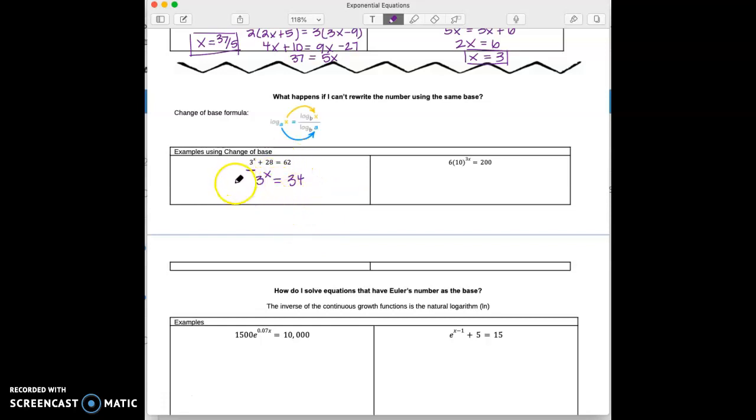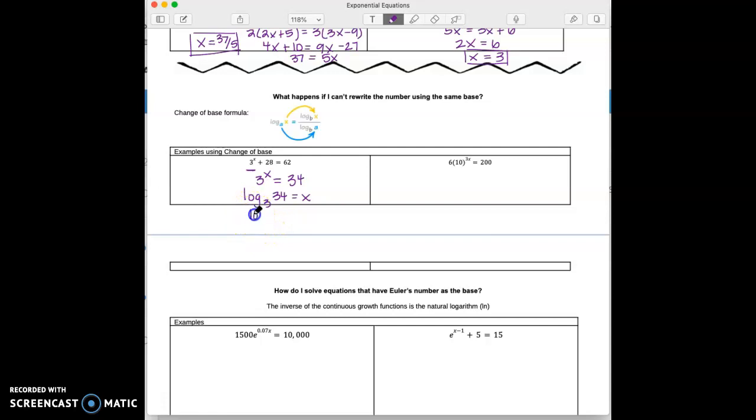You can either think about taking the log of both sides like we did at the top, or we're really just looping this because these are just like the ones that we looked at when we were rewriting. So log base 3 of 34 is equal to x. Again, if you have a calculator that will change the base for you, then you can just calculate that.